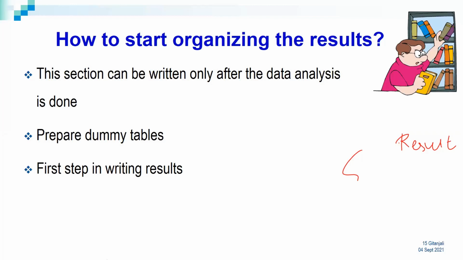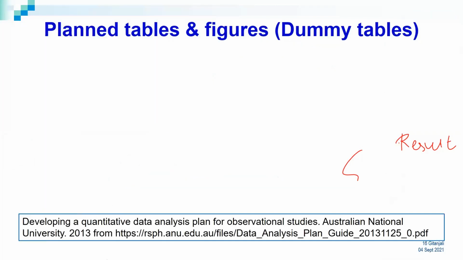But one thing you can tell your resident is to prepare these dummy tables, because that is the first step in writing the results, and dummy tables can be done much earlier. Okay, so what are dummy tables? Dummy tables are these planned tables and figures, which are also called dummy tables.